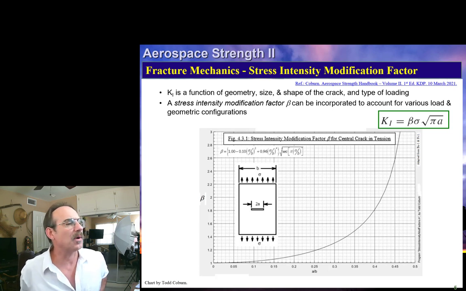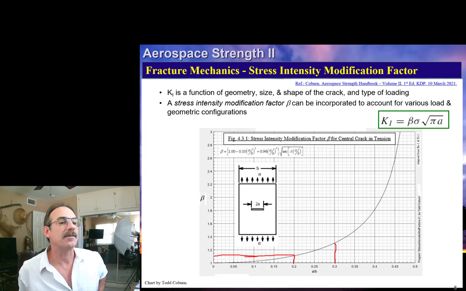So if we're reading this curve, we would see for an A over B ratio of 0.2, it looks like our beta is about 1.1. If we have a crack A over B ratio of 0.3, that looks like our beta is 1.3.